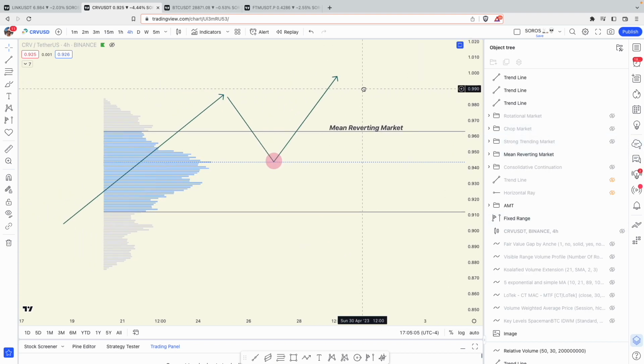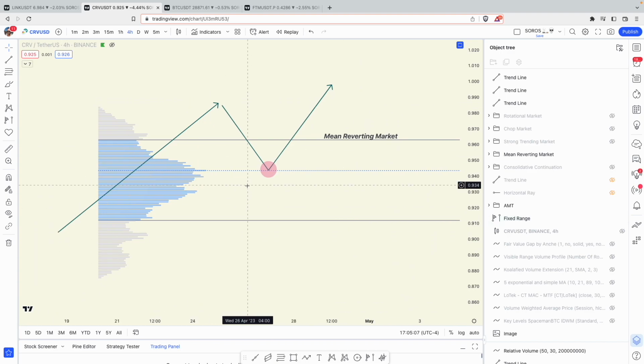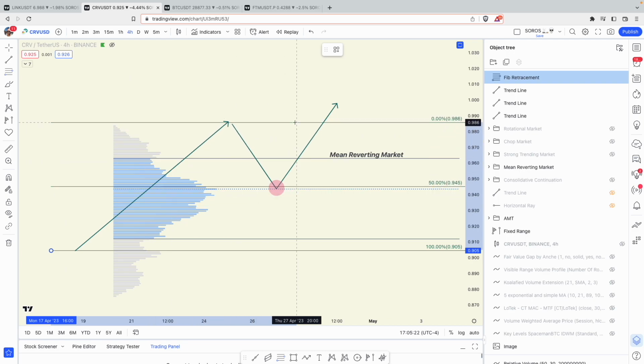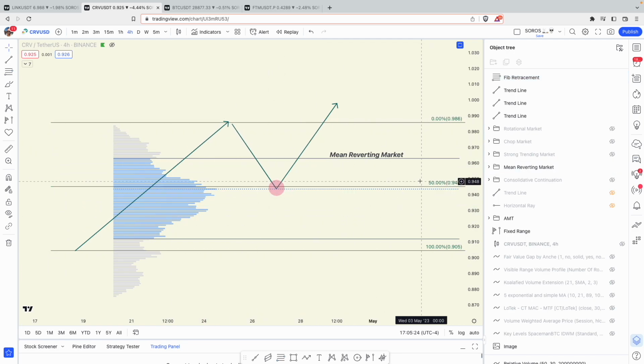Next, you have a mean reverting market, where basically you're in trend, but again, it's kind of like the strong trending market, except it will rip right through the value range and mean revert somewhere around the 50 fib. So if you again use a range fib, here's your 50 fib and it sits around the point of control usually. Then your mean reversion is basically anyone who bought here with the intention to distribute in premium, they're going to start distributing here into strength.